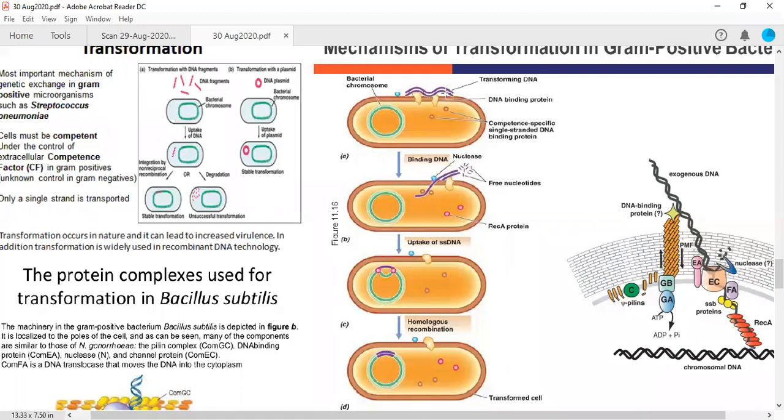So first of all, these double-stranded DNA fragments, suppose this is a double-stranded molecule, here it is denoted with red color, here with blue color, and there are two strands, so obviously it is double-stranded. First of all, they will bind to some DNA binding proteins which are present on the bacterial surface, and they will help in adhering this double-stranded fragment of DNA to the bacterial cell.